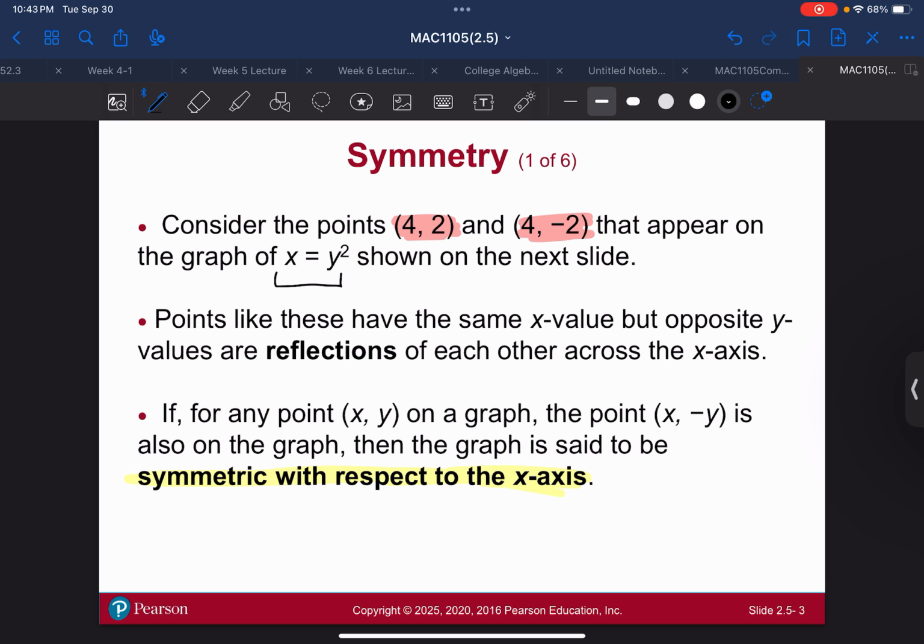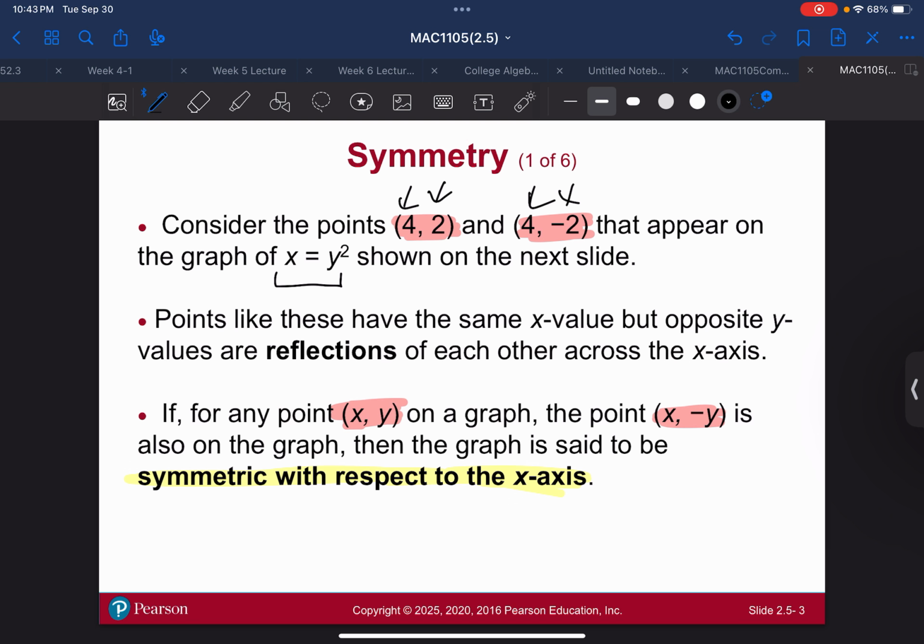But whenever we have functions like this that produce these pairs of ordered pairs where the first is (x, y) and the second is (x, -y), just like we have in this example here, the x's are the same and the y's are just negative versions of each other, 2 and -2.